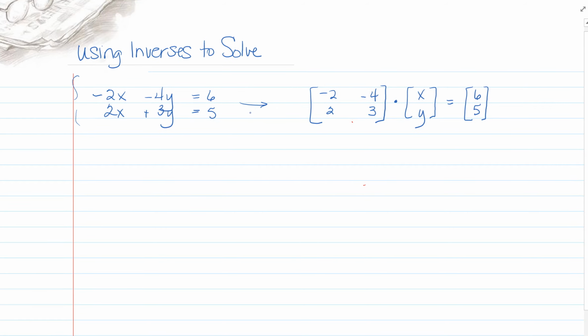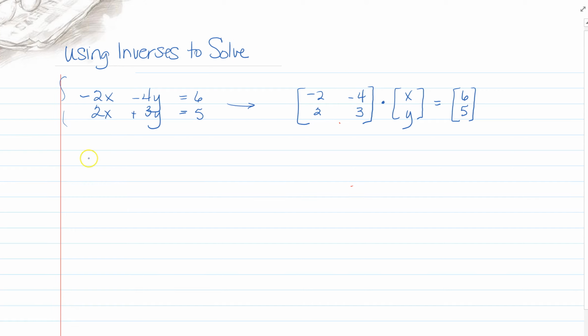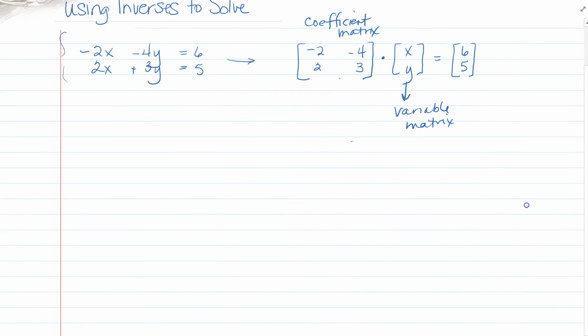So the experts say if I can find the inverse of my coefficient matrix, so this is my coefficient matrix, and this is my variable matrix. And I assume this is called my constant matrix. I should look that up, but not right now.